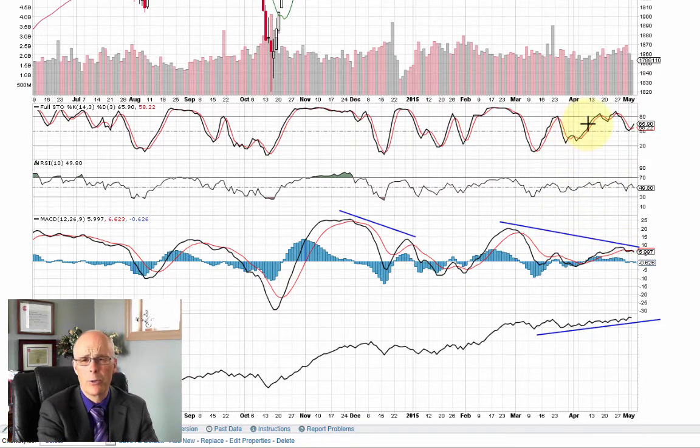What I'm trying to show you here is that Stochastics and RSI, which are kind of short and medium term momentum indicators, are both more or less benign. They're trading kind of sideways. And what that tells us is not a lot. It tells us that, just like the consolidation period on the chart above, we are in never never land as far as which way the market is going to trade. The momentum indicators, Stochastics and RSI, are not giving us many clues.